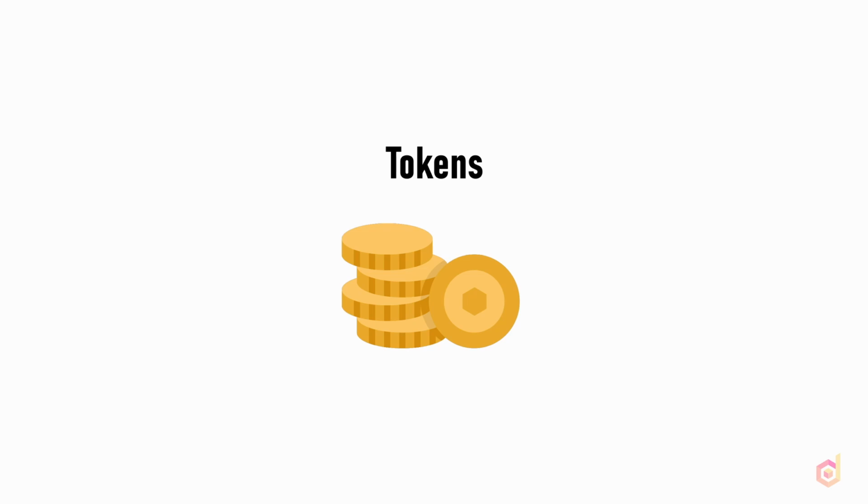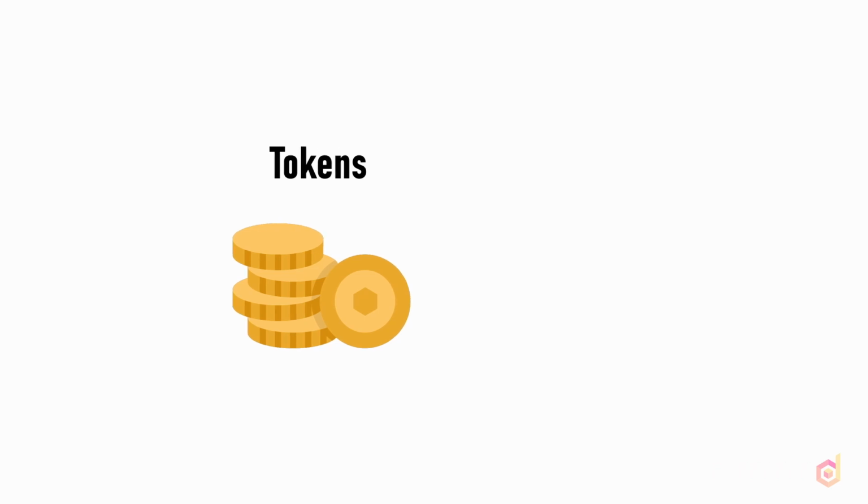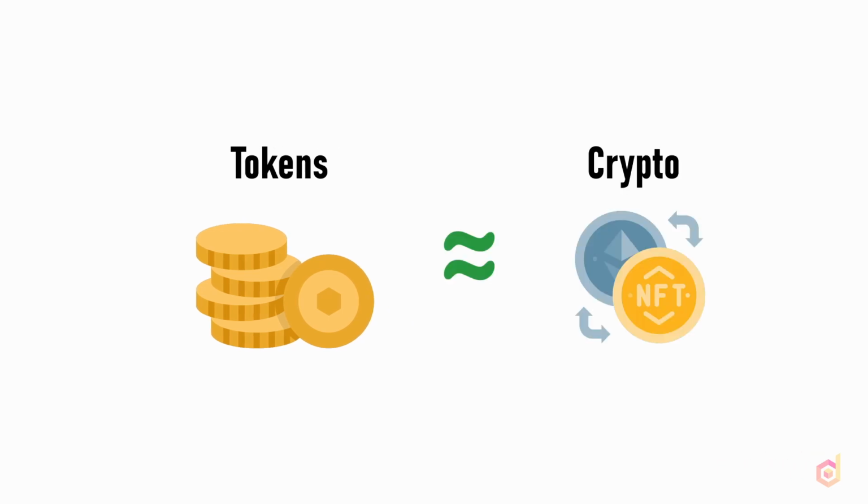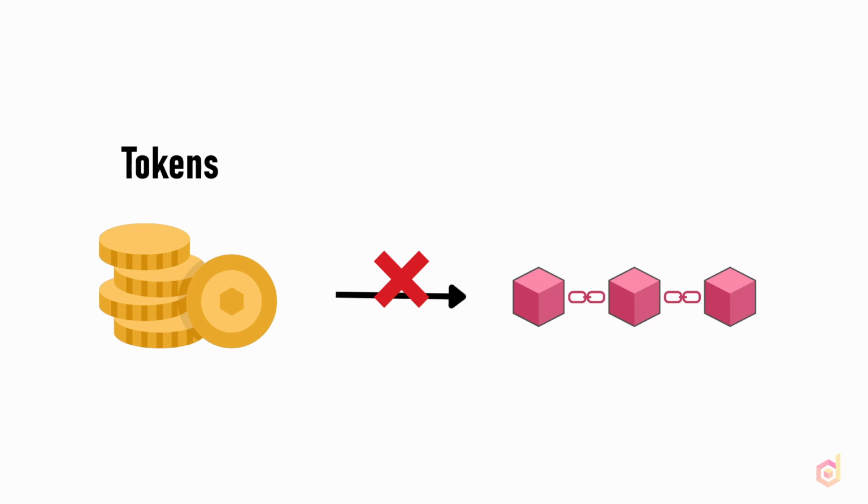Now, talking about tokens: they behave very similarly to cryptocurrencies in the sense that they are a type of currency that exists on the blockchain and can be transferred from one account to another. However, unlike cryptocurrencies, their behavior is not built into the blockchain software itself.